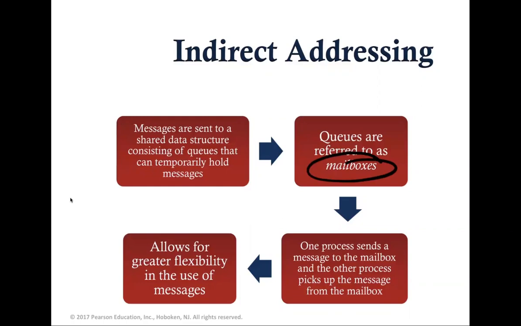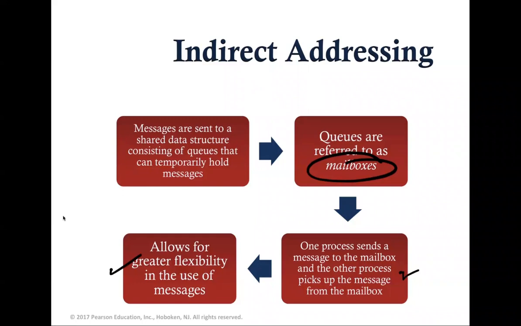For two processes to communicate, one process sends the message to the appropriate mailbox, and the other process picks the message from the mailbox. A strength of using indirect addressing is that by decoupling the sender and the receiver, this allows greater flexibility in the use of messages.